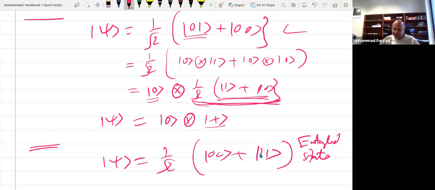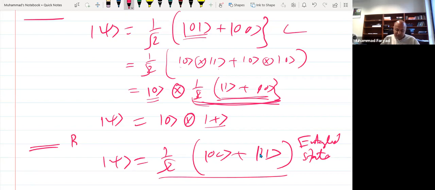So this is in fact one of the maximally entangled states of a two qubit system. We are not going to study this in this course, but if you go to a full-fledged description of mixed quantum states, where you can have probabilistic mixtures of different states, and then use the density matrix formalism, then we can quantify the degree of entanglement between different systems, and this turns out to be the maximally entangled state, and it actually has a name.